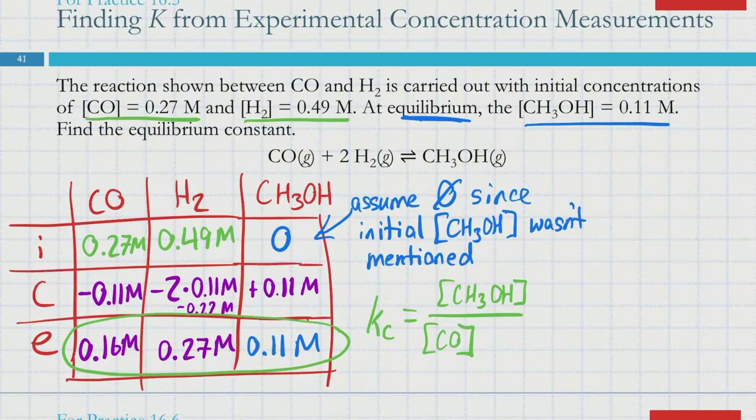If you can look at the reaction and just write out, like you can see it in your brain and you just want to go straight to numbers, that's fine with me. I don't think you have to necessarily write out the expression before you put numbers into it.